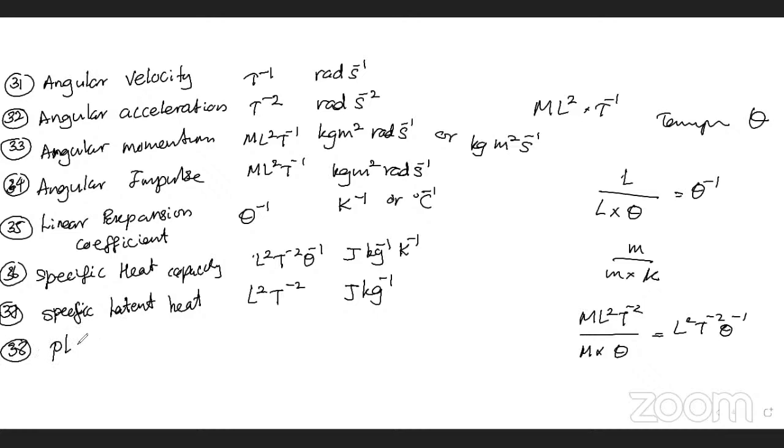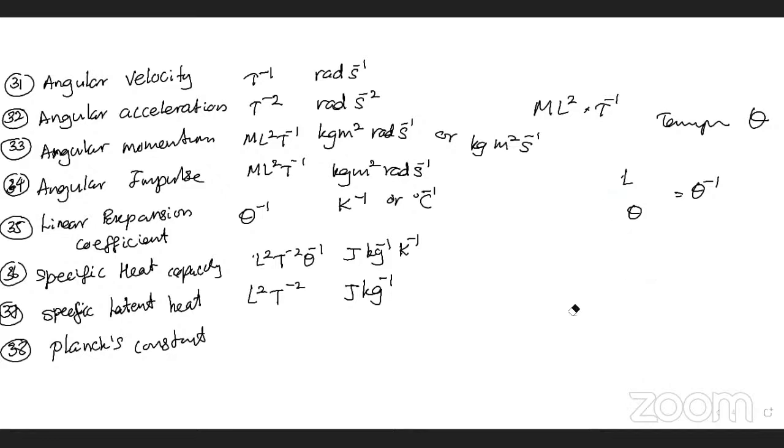Finally, the Planck constant. It is the energy of a photon divided by the frequency. The equation related to the Planck constant is energy equals the Planck constant times the frequency.